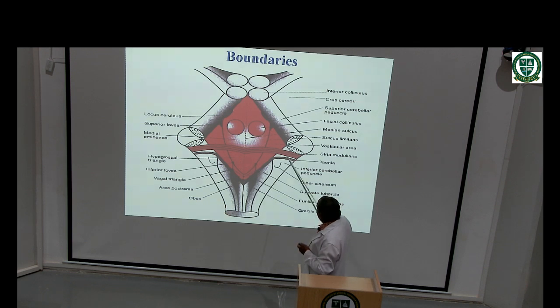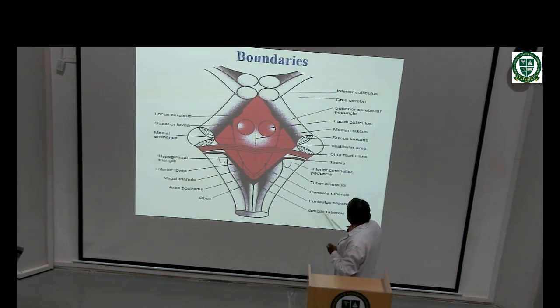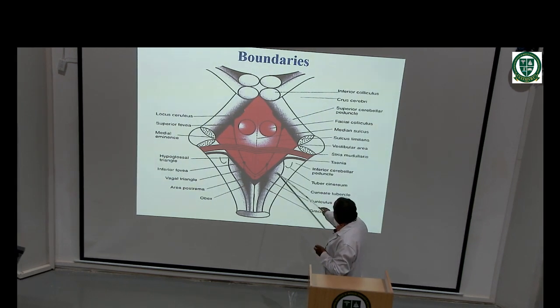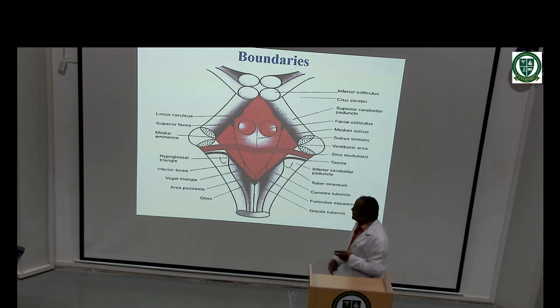Inferolaterally, these are the structures from medial to lateral side: gracile tubercle, cuneate tubercle, and inferior cerebellar peduncle. These are the 3 structures which form the inferolateral boundary of the fourth ventricle.